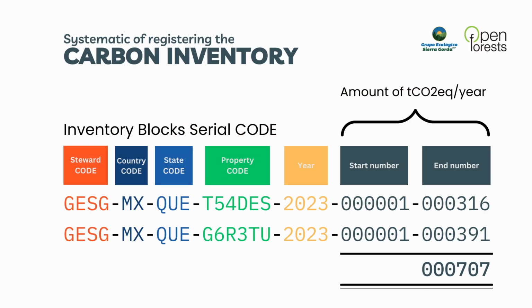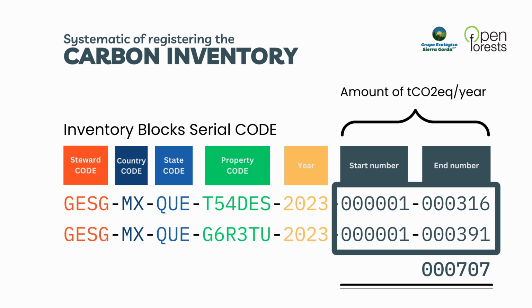For each property and for each year there is an inventory available, a carbon inventory, which is documented via the inventory blocks serial code. So at the end you see there's a unique number for each carbon that has been stored in the property.